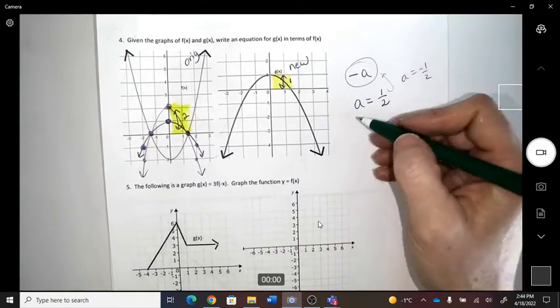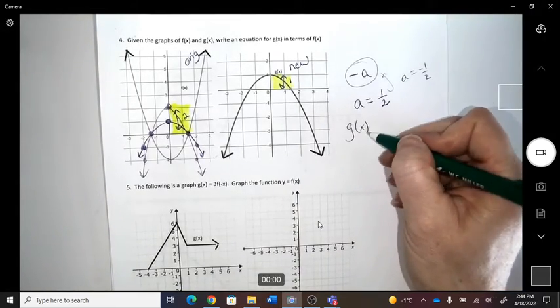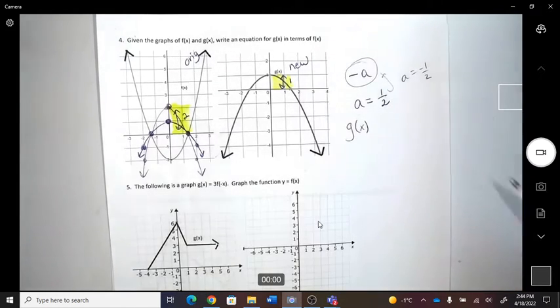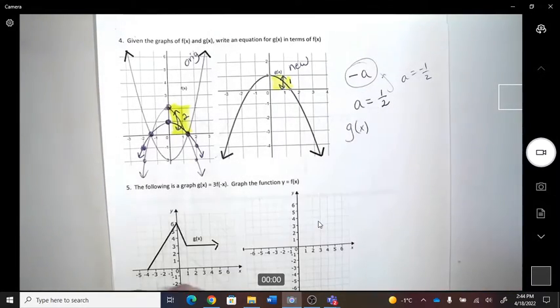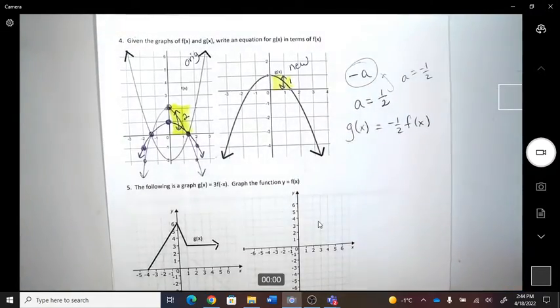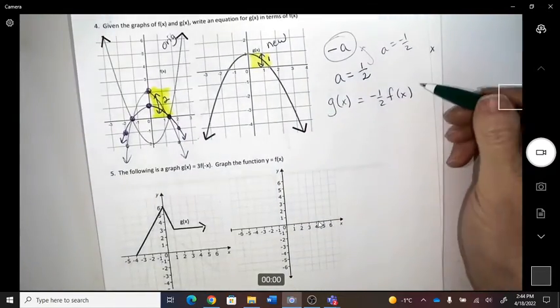So the 2 is from the reflect that you get, then 1 divided over 1. I did the 1/2 because I compressed it by 2. The heights are a half of what they were. Oh. Yeah, and then I'd also had already flipped it over. So that's what my answer needs to be.